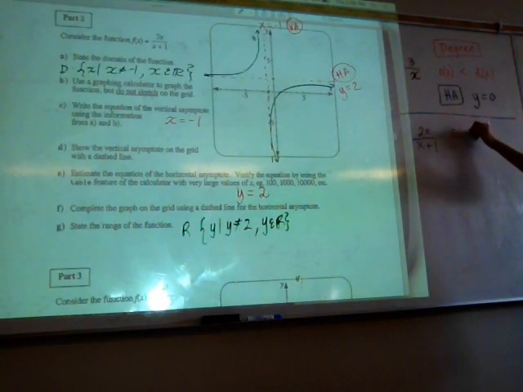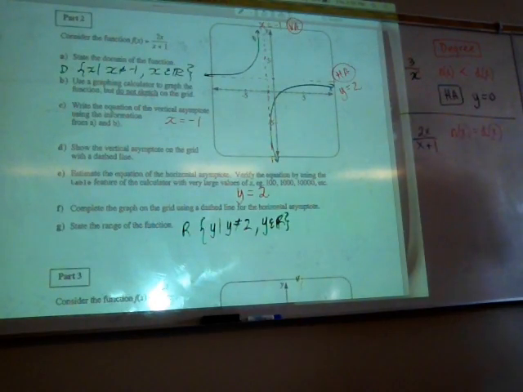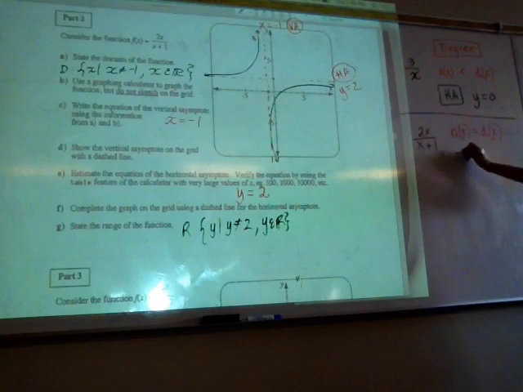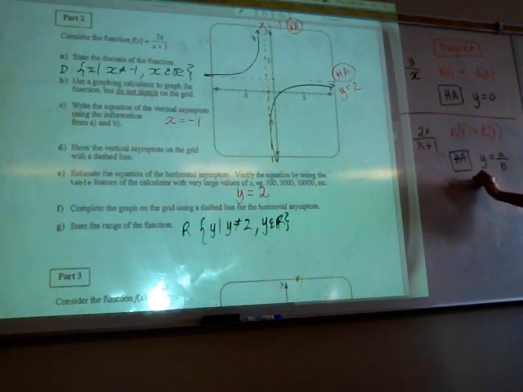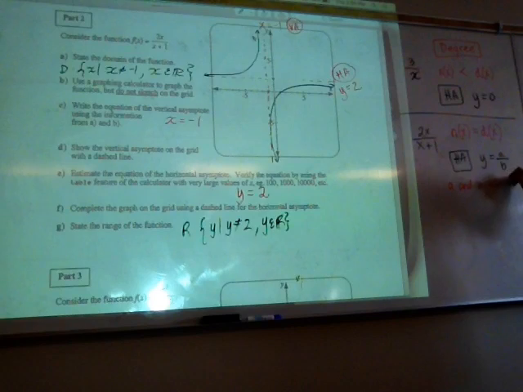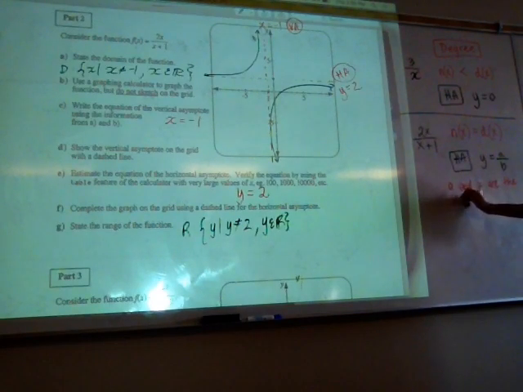When that's the case, our horizontal asymptote has a unique case. It's going to be y equals a over b, where a and b are the leading coefficients.